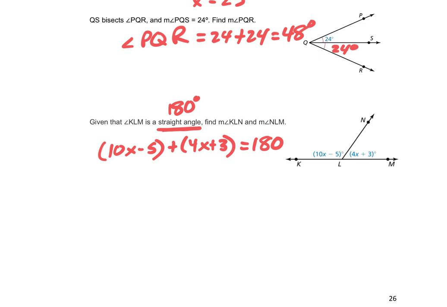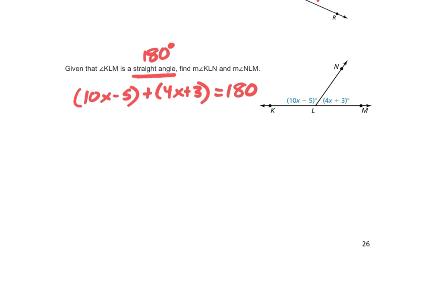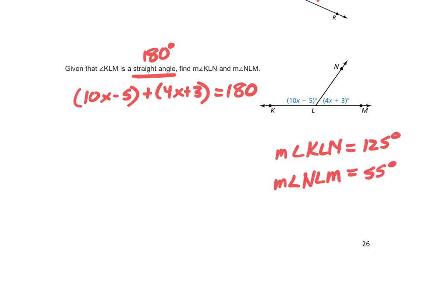If you want to kind of check this, I'll tell you what the answers are. If you want to see if you can get the work, see if you can get it right. Angle KLN is 125 degrees, and LM should be 55.